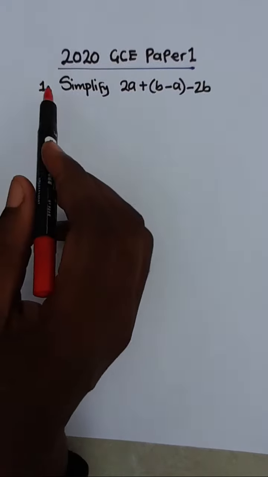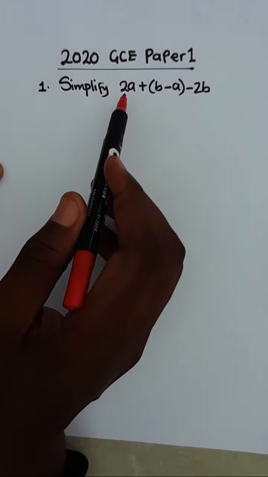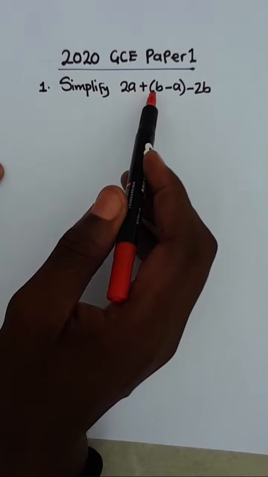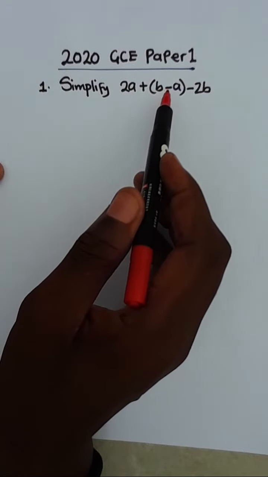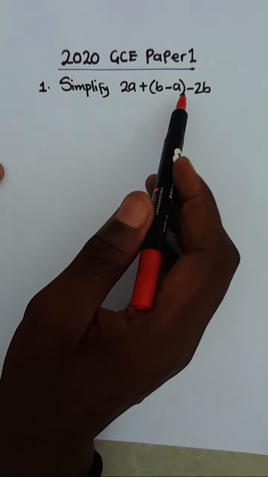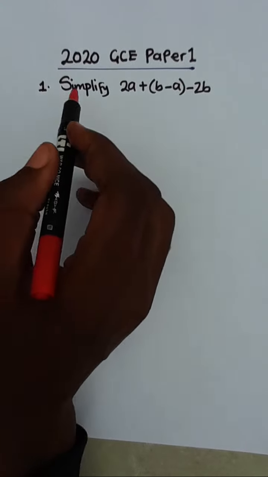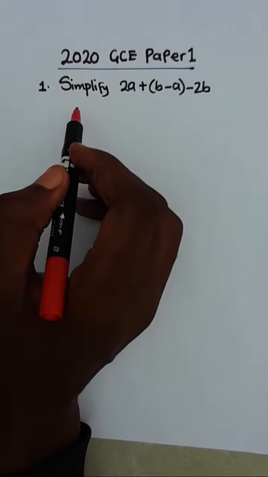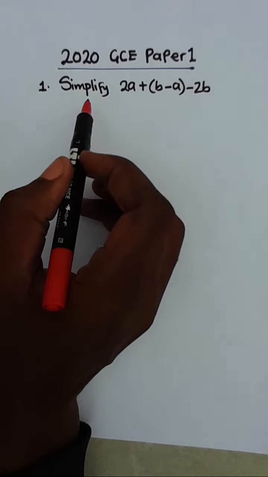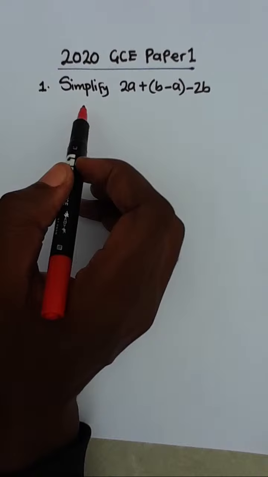All right, so question 1 says simplify 2a plus open brackets b minus a close minus 2b. When they say simplify, it means that the expression is looking so big and they want you to reduce it.